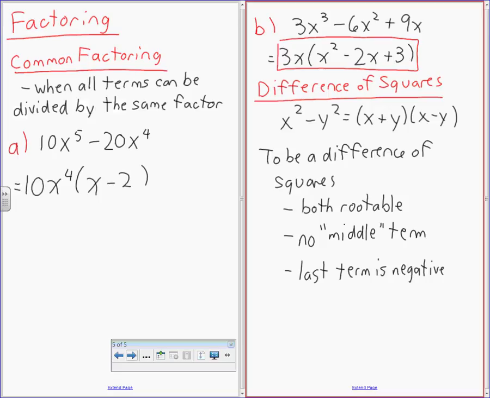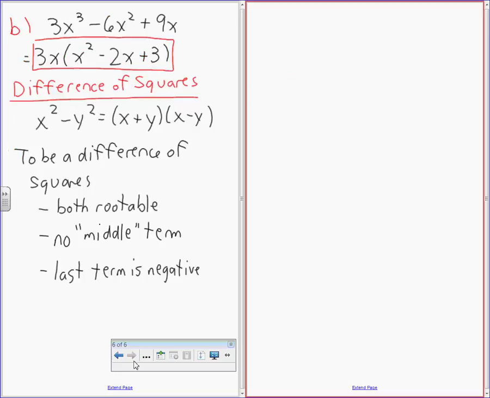Okay, difference of squares. If I have 4x squared minus 25, what's the square root of 4x squared going to be? 2x.